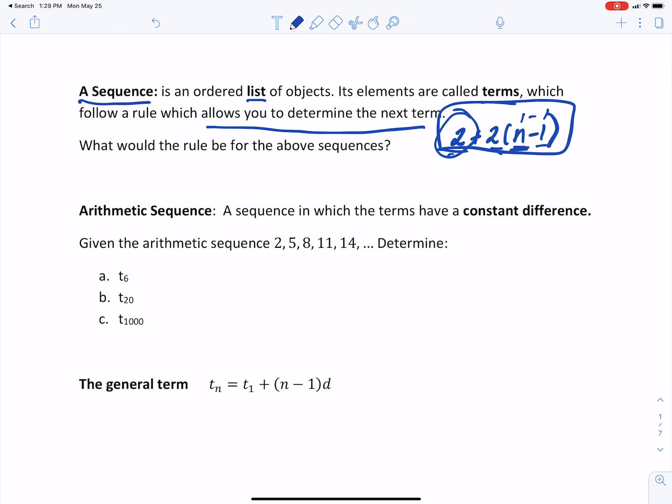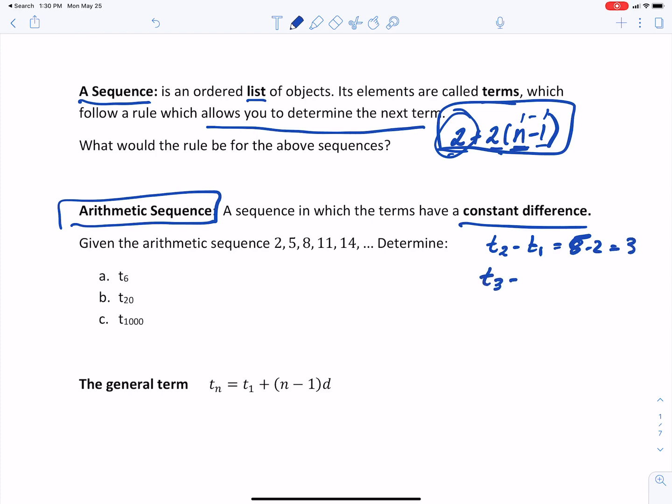So let's look at some examples to see more of that. Our definition that we're working with in this lesson is on arithmetic sequences, and it's a sequence that has a constant difference. So in this one, I can see that the constant difference is the second term minus the first term, for example 5 minus 2, which would be 3.